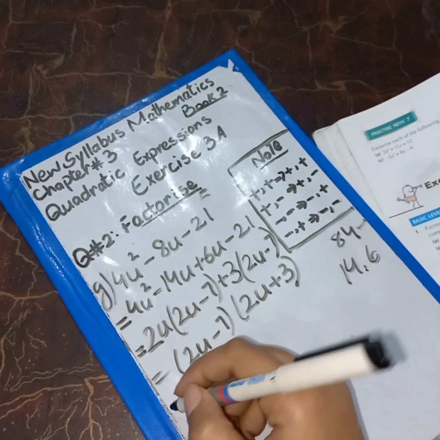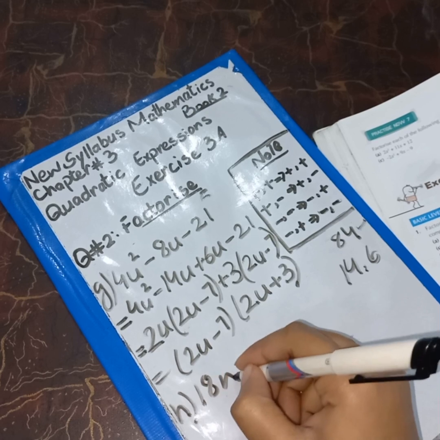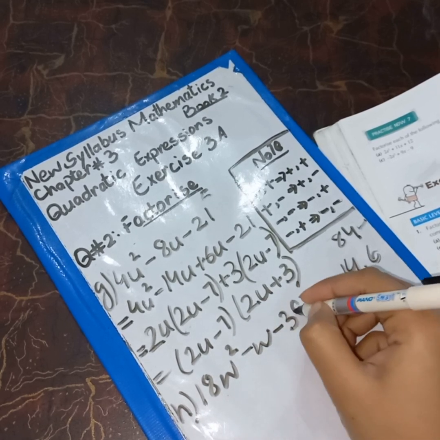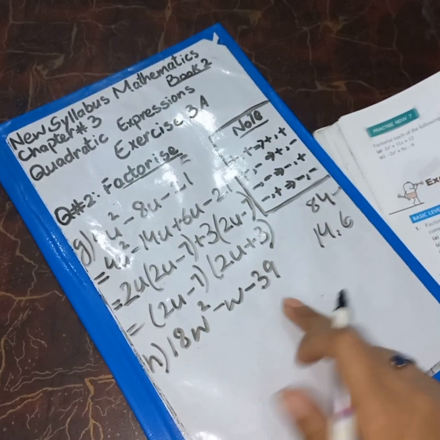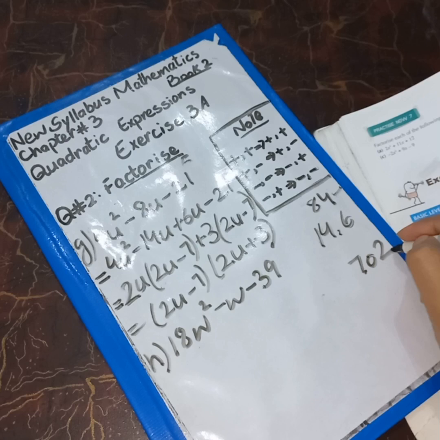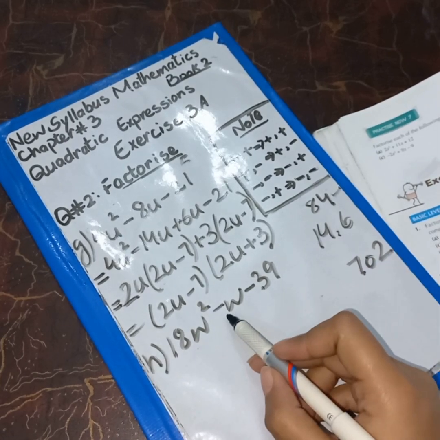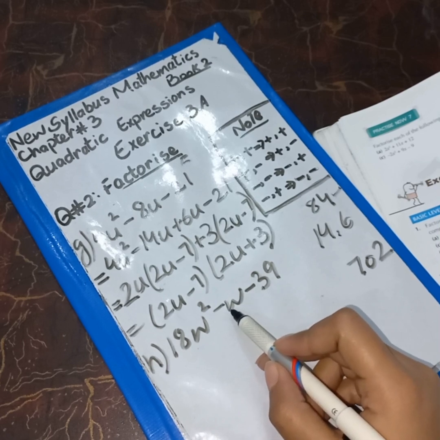Now the last part, H part of the same question: 18w square minus w minus 39. When you multiply 18 and 39, you will get 702. For this, find a pair that will give you 1 after subtraction, because the coefficient of w here is 1.